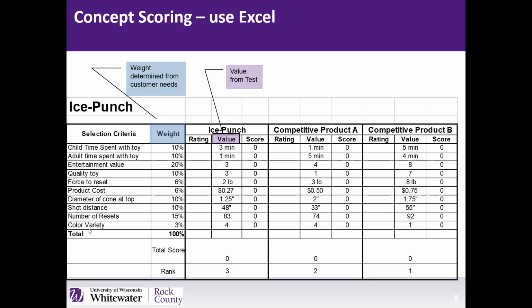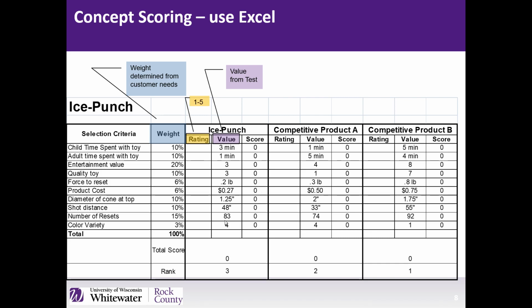Some things are just discrete numbers, like the variety of colors available, that type of thing. And some things will be done by tests. How many resets can it have, right? Or the force are done by tests. So these are the values, and that's very different than the decision table.